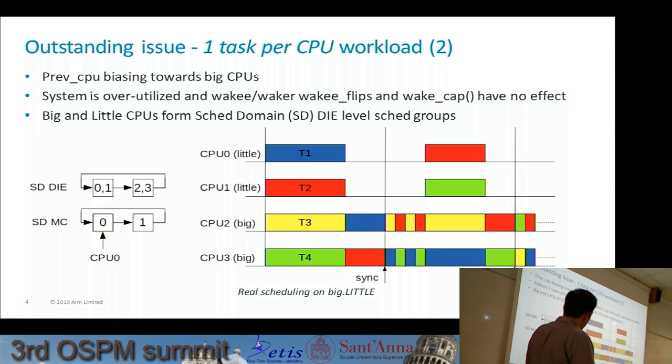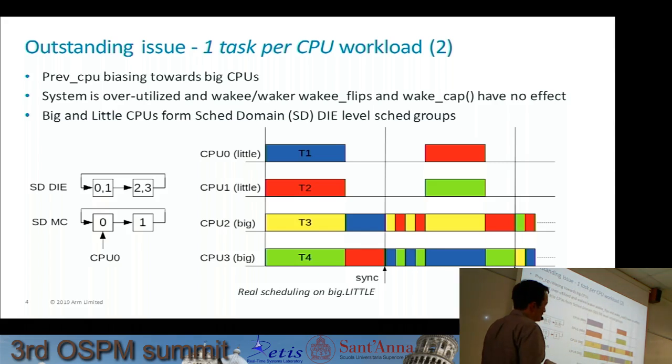This is not happening here because all of them went to sleep on a big CPU, so this is not catching this problem. And obviously this problem only exists if we do sched domain on die level.